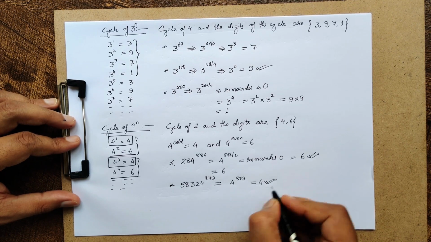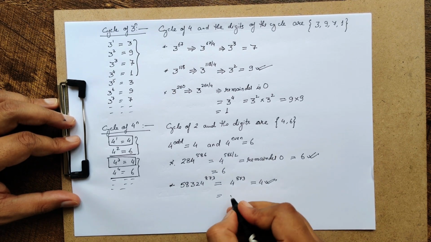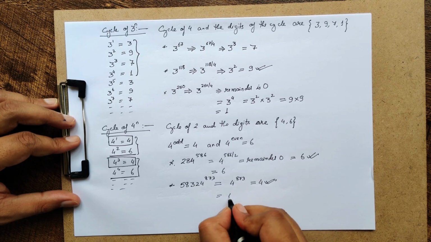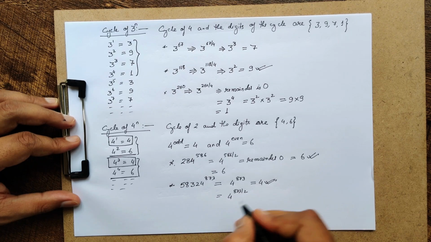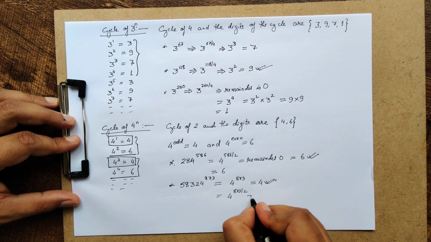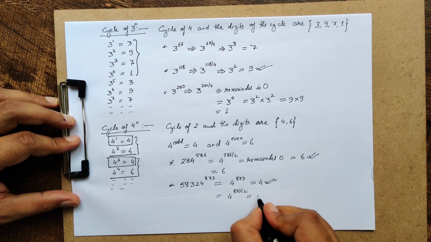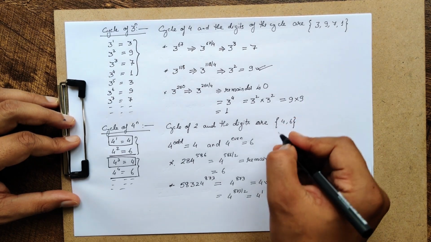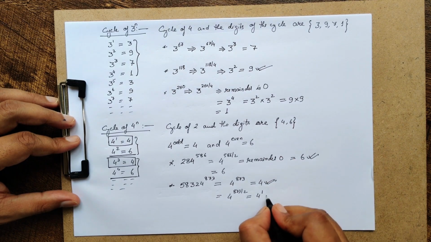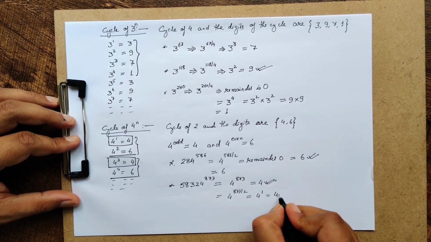Hence 4 is the answer. Alternatively, since it follows a cycle of 2, 4 to the power 873 divided by 2, we will always get remainder as 1 because this is an odd number. So we can say that 4 to the power 1, which means the first term of the cycle, is 4, hence 4 is the answer.